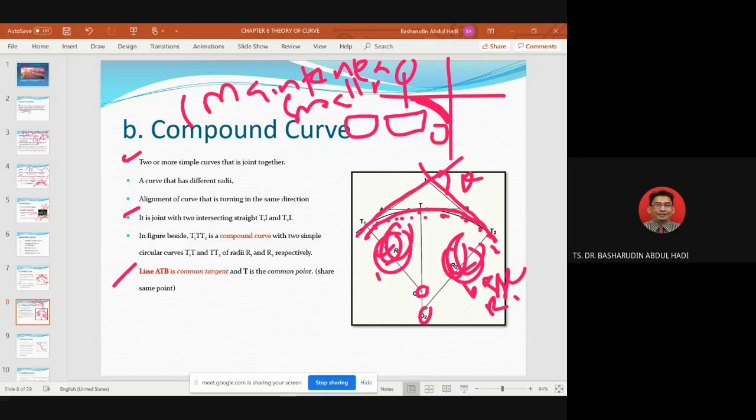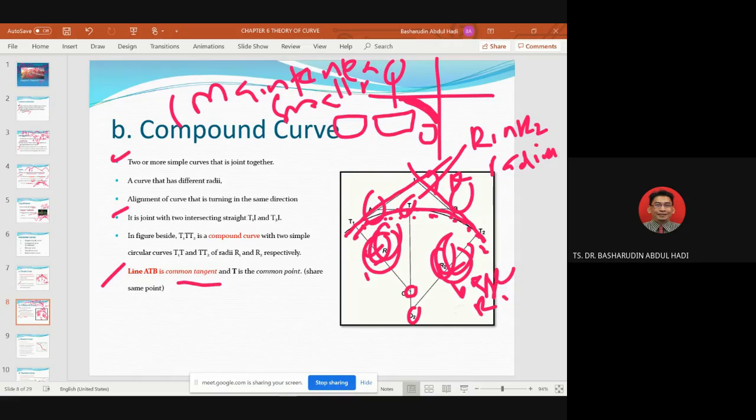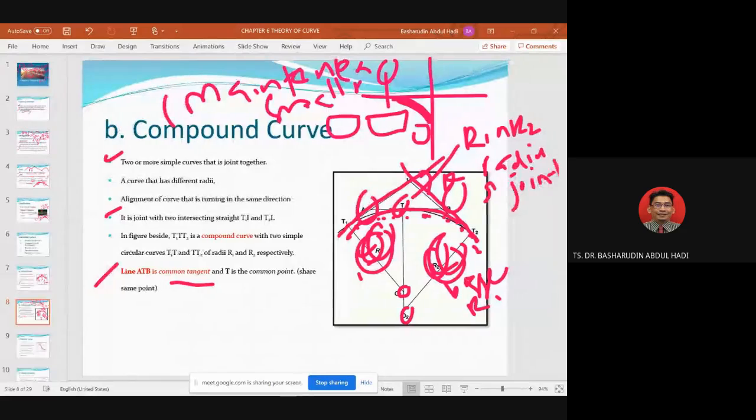Line ATB is a common tangent, and T is the common point. We call it the point where R1 and R2 join or meet. We call the point here T.